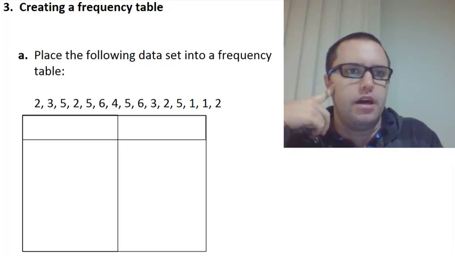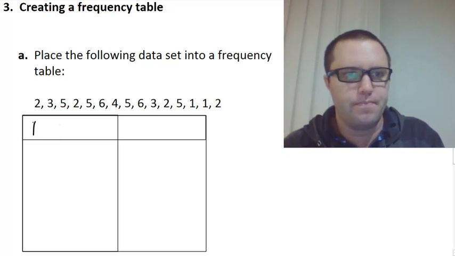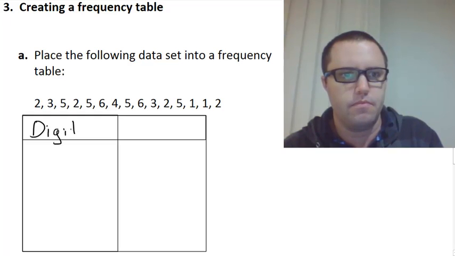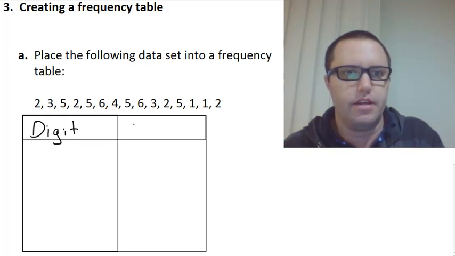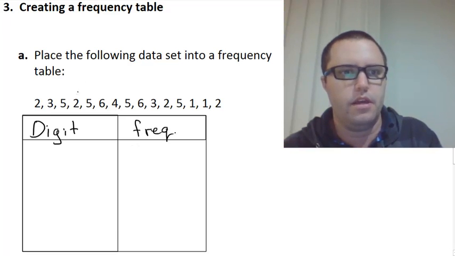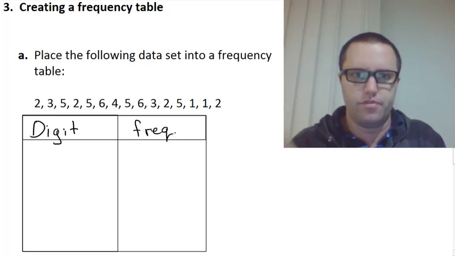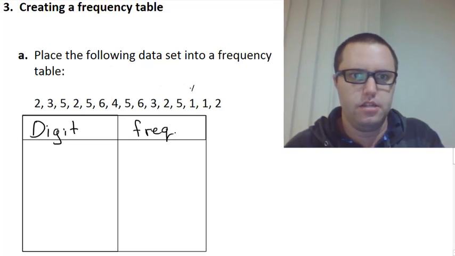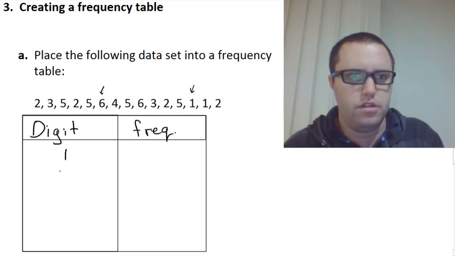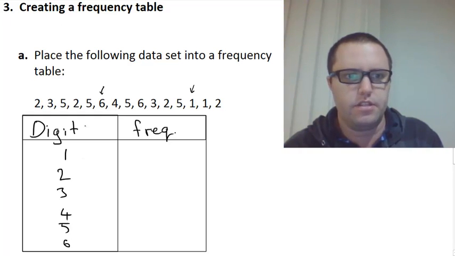So we might put in this column the number or digit, and in this one we're going to have frequency. As you can see, we've got numbers from 1 to 6. So we have 1, 2, 3, 4, 5, 6.